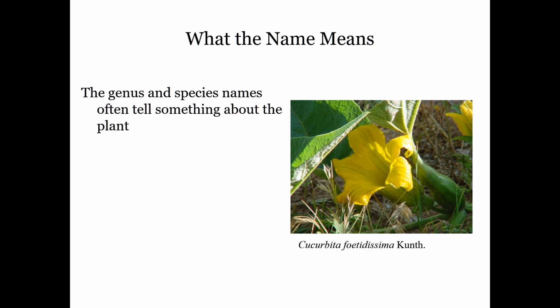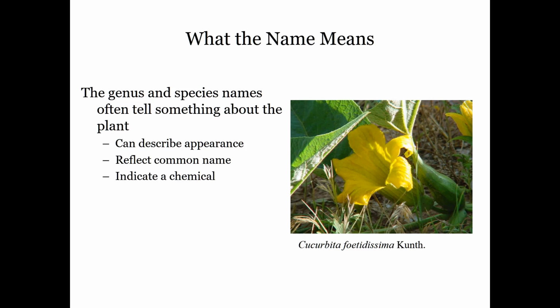Another example of what a scientific name often means. The genus and species names often tell you something about the plant, like its appearance, something maybe about the common name. They might indicate some kind of chemical that's produced by the plant that's useful for people, or might reflect how the plant tastes or smells.